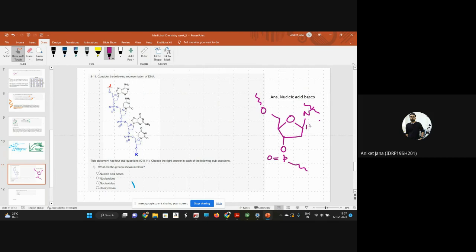1 or 1 dashed? 1 dashed, because we give 1 to the numbering of the carbons of the purine and pyrimidine moieties of the bases. So we give the dashed numbering to the carbons of the sugar moiety, right?